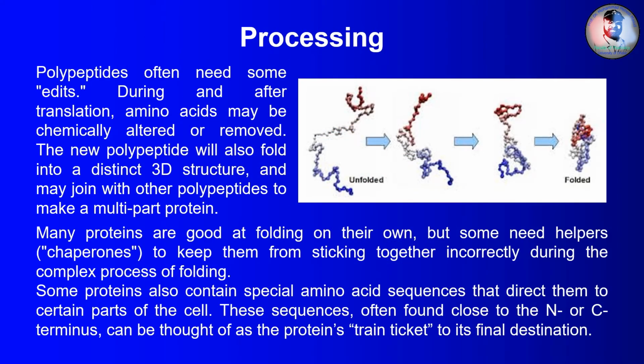Processing. Polypeptides often need some edits. During and after translation, amino acids may be chemically altered or removed. The new polypeptide will also fold into a distinct 3D structure and may join with other polypeptides to make a multi-part protein.